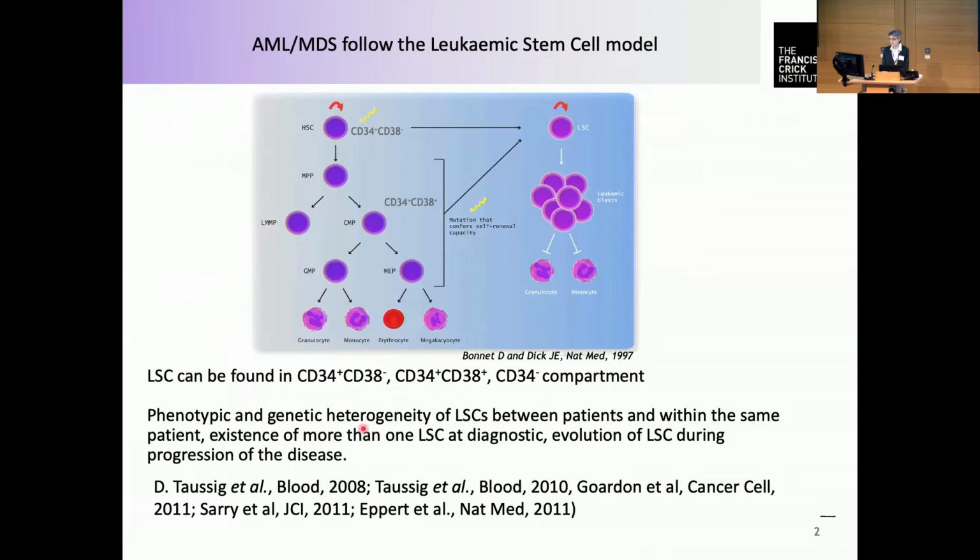And with next generation sequencing, we know also that genetic heterogeneity exists, not only between patients that have different mutations, but also within patients, where there is more than one leukemic stem cell clone. There is even more heterogeneity, because at diagnosis you can have a pool of leukemic stem cells, but these evolve over time, mostly based on chemotherapy.